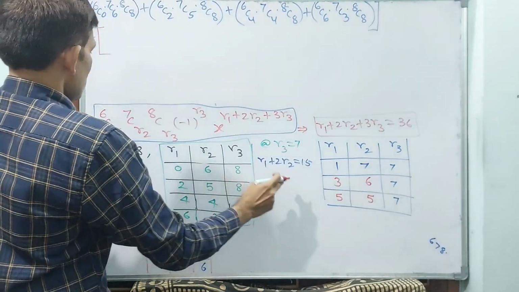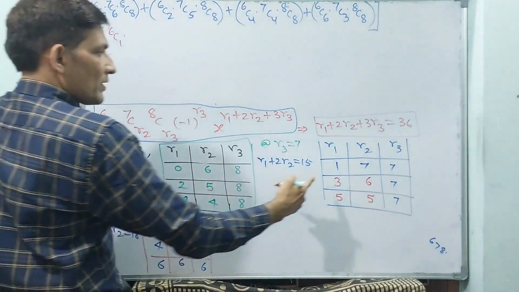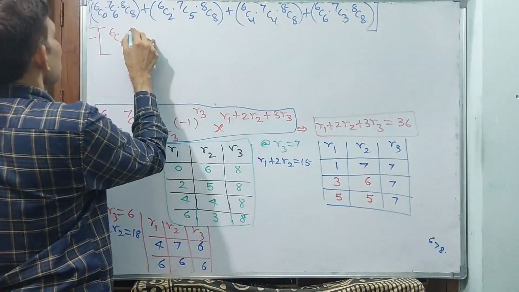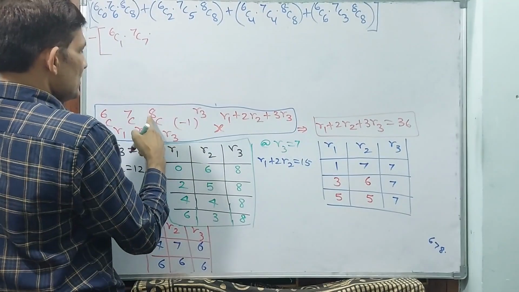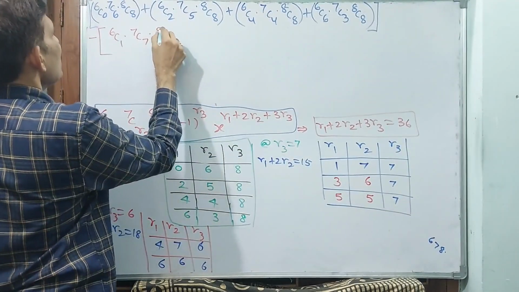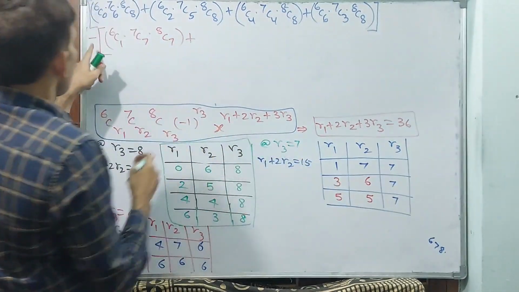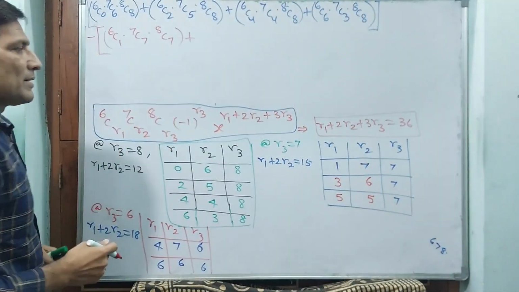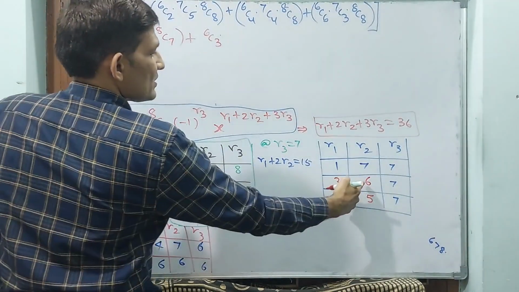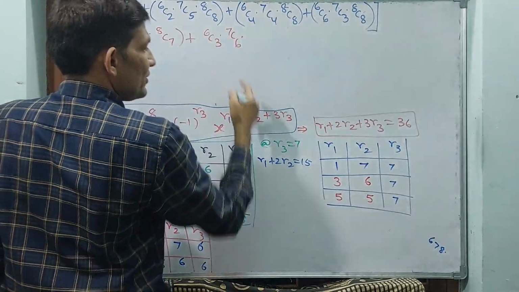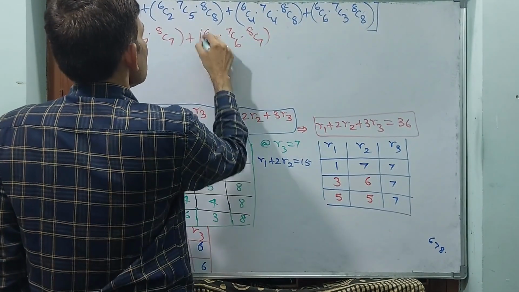Now go for 6C1 into 7C7 into 8C7. Why? Because this is 8C7. This is the first one. Plus we are writing, but outside minus is there, all you have to subtract. 6C3 into 7C6 into, sorry, 8C7. These all will come 8C7 only.